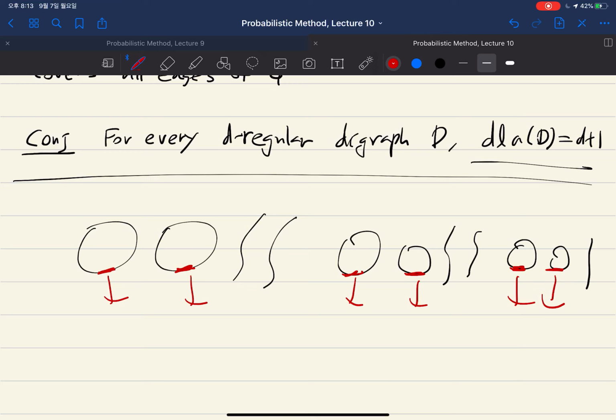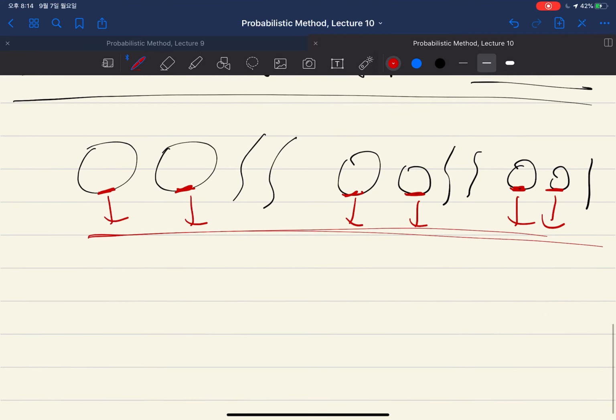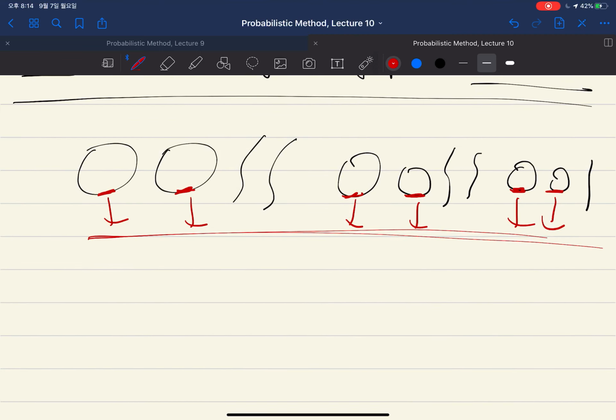Of course, this is not feasible. Otherwise, this would not be a conjecture, it would be already proved. But if we have a certain more condition, we might be able to actually do this. So we need something like this.